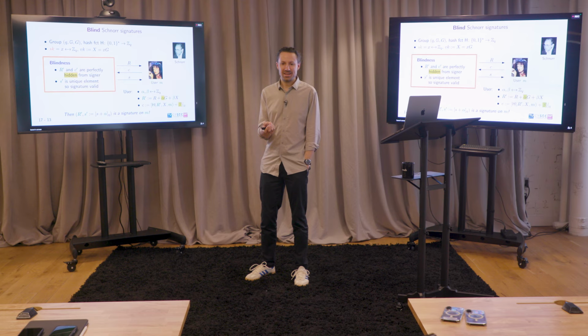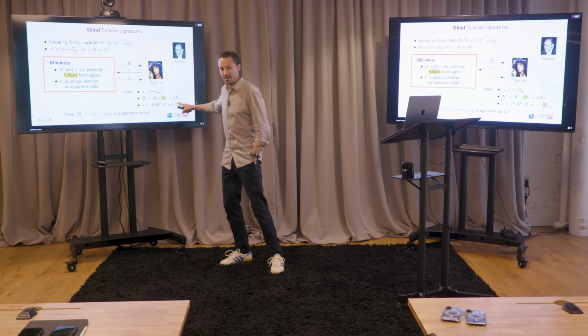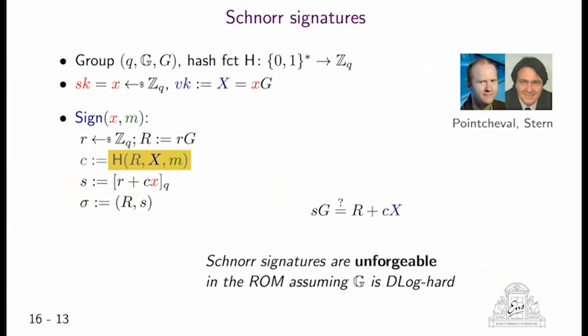Can you explain again the role of that hash? If we go back to Schnorr signatures, the signature is a pair of a group element R and an integer S, such that this equation is satisfied, where C is defined as the hash of the first signature element, the public key, and the message.